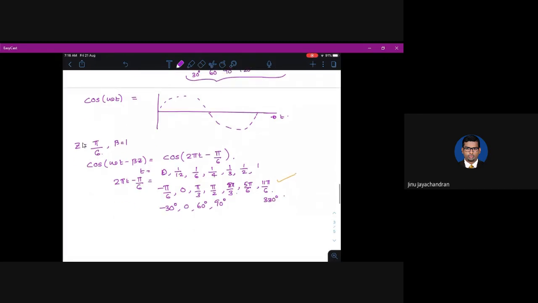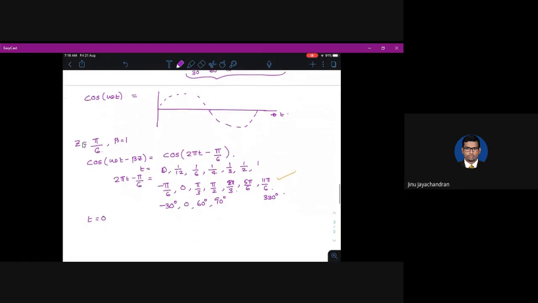But at t equal to 0, the first one has value 0, the second has value 30. For t equal to 1 by 12, the first one has value 30 degree, second one has value 0. So you can see a shift happening, right? So this is 30 degree.